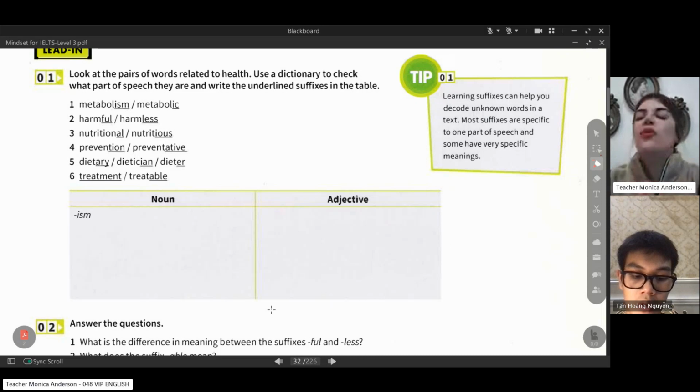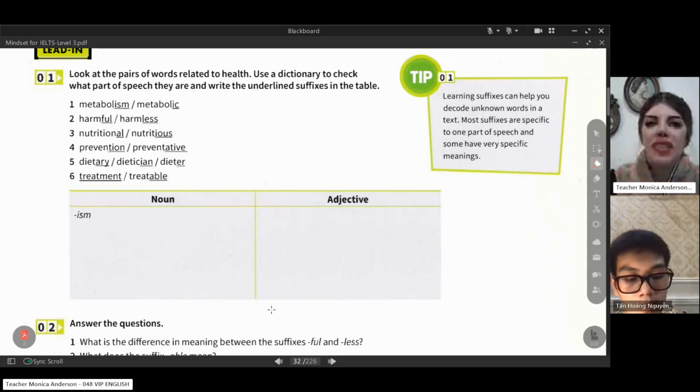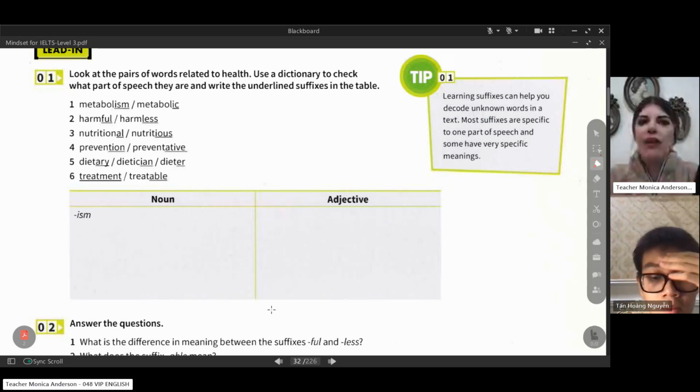First of all, let's talk about different suffixes that can make a word an adjective or a noun. We can add a part to the end of a word to make a noun or adjective, and we call it a suffix.